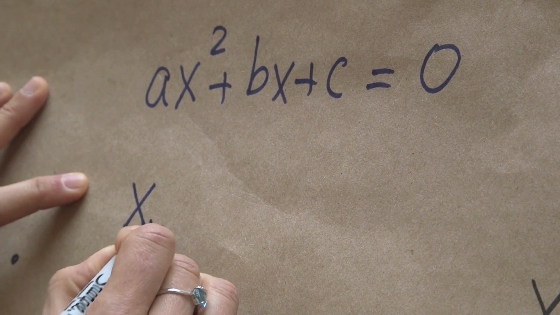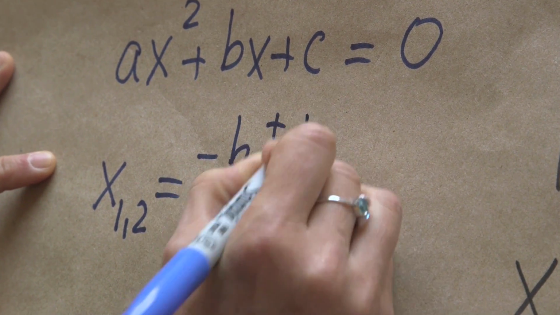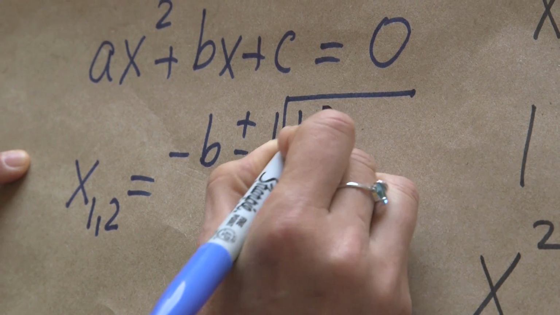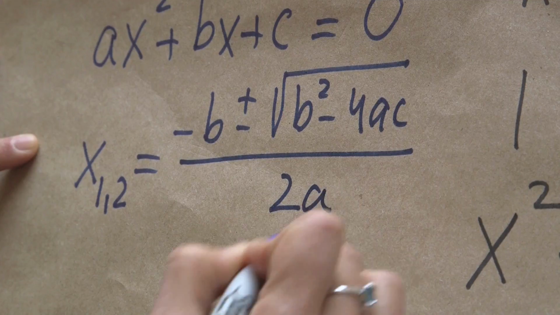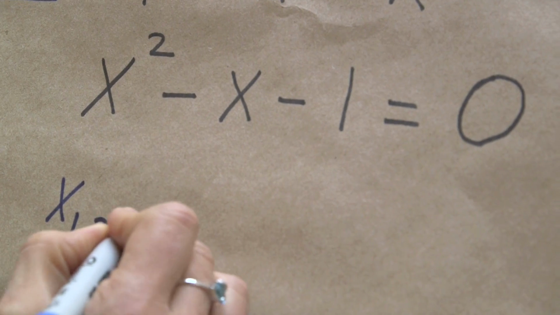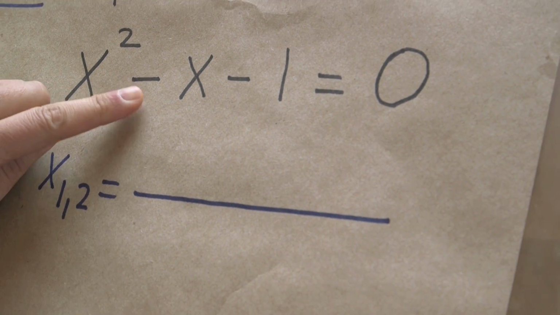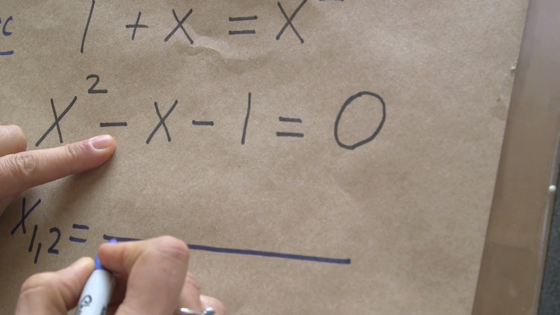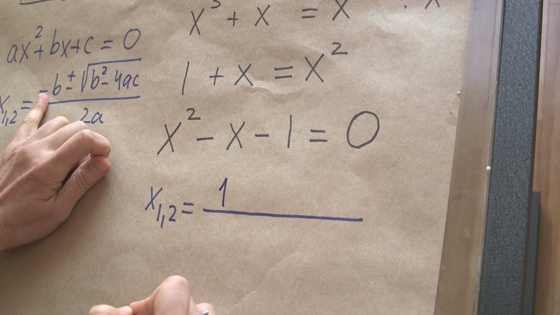The two roots of this quadratic equation are minus b plus or minus the square root of b squared minus 4ac, over 2a. Let's try. So in our situation, x1 and 2 will be, I'm putting the fraction bar, b here is -1, so negative b is just 1.